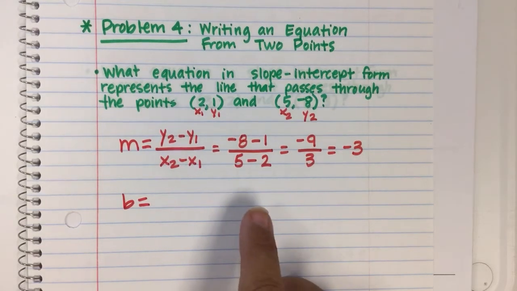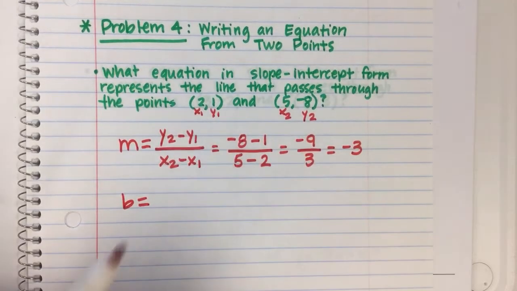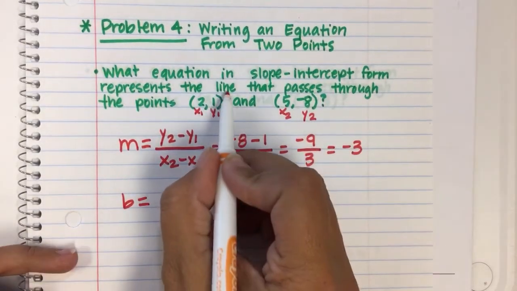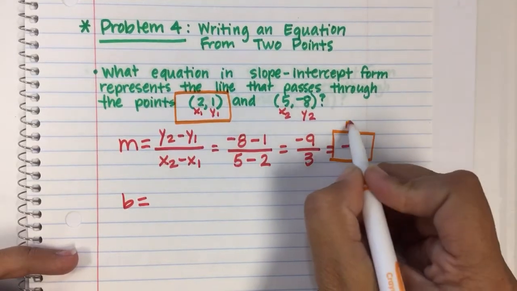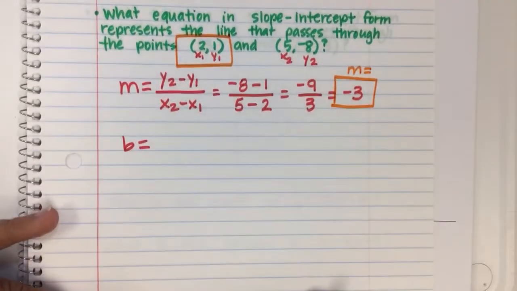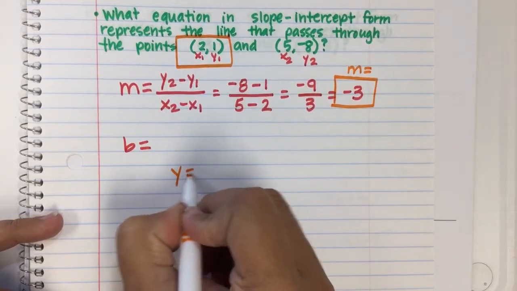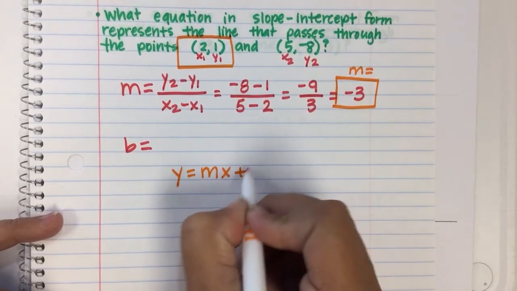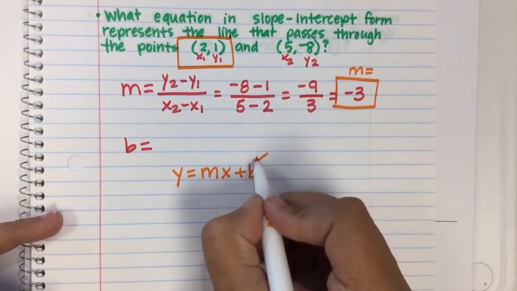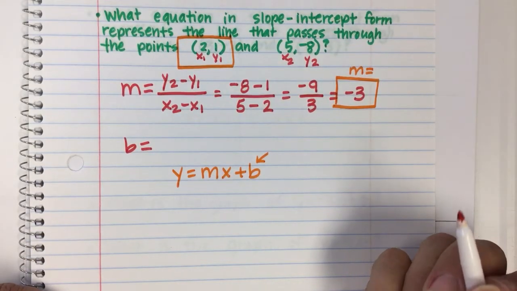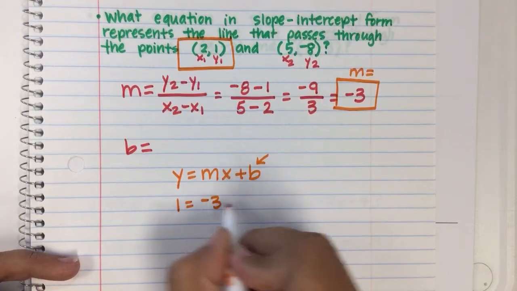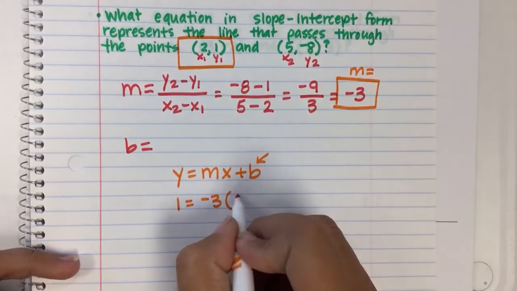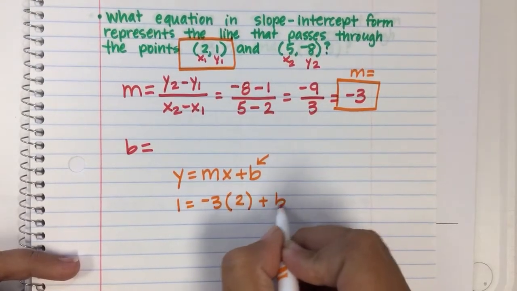All right, so now how am I going to use the slope to find the y-intercept? Well, I can plug in the slope and one of these points, and it doesn't matter which one, so I'm going to use (2, 1), and I'm going to use -3 for m. I'm going to plug that information into the equation y equals mx plus b, and then solve for b, because b is what I don't know. So my y value is 1, m is -3, x is 2, plus b.